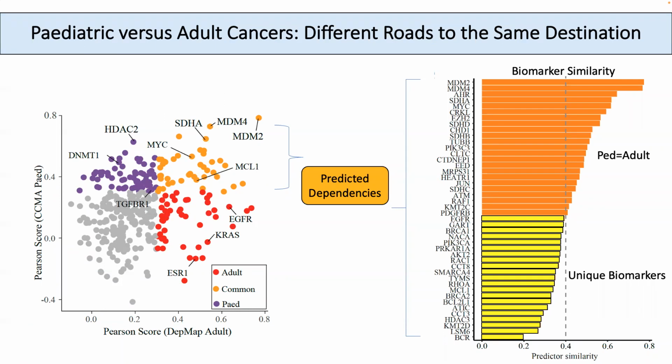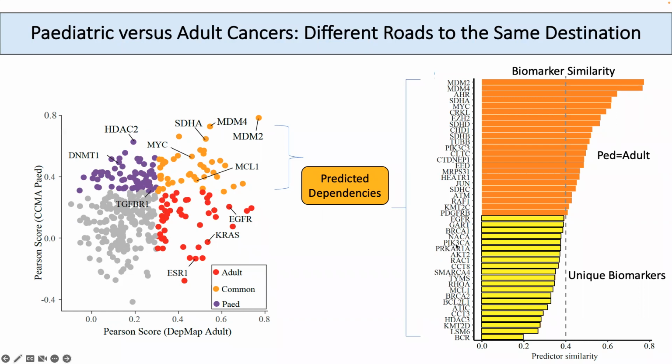So in this scatter plot, you can see genes whose dependencies can be predicted by a set of molecular features using a machine learning algorithm called random forest. And importantly, the ones marked in orange here are genes that have a set of features in both pediatric and adult cancers. But the question we really wanted to answer is, were those features the same or were they different?